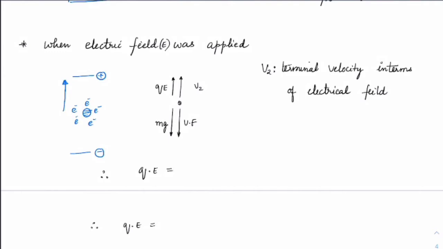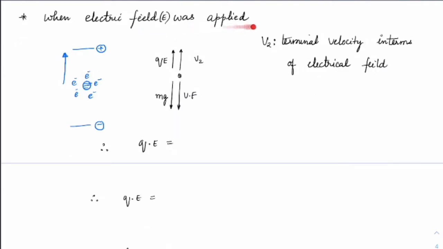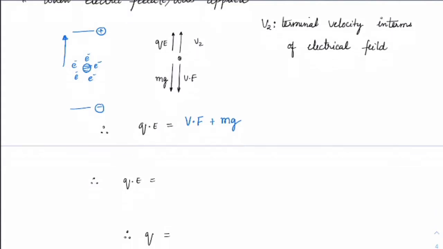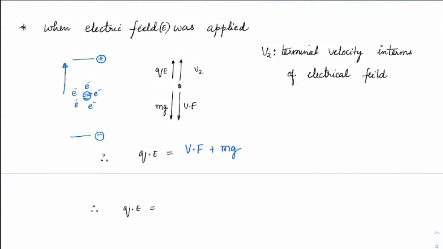I hope all of you are able to understand. Now once you apply the electrical field, this would be the new situation, right? So now what I can write, this QE would be equal to viscous force plus mg. Because the particle is moving up with a constant speed, which is v2, this is the terminal velocity in terms of electrical field.